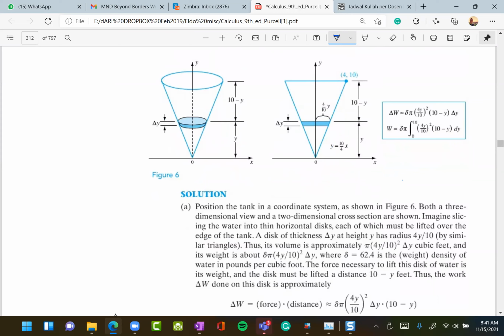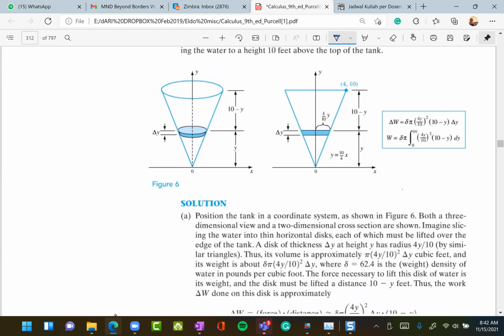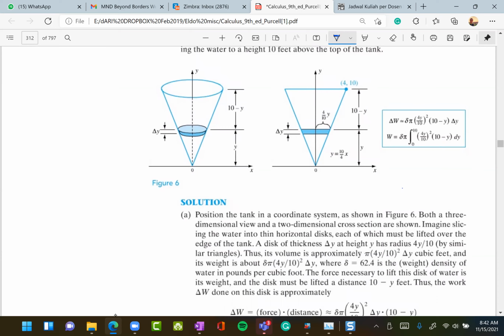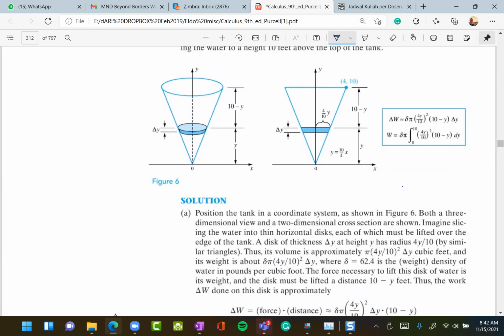So the force, the density is delta. Delta is the density of water in pounds per cubic foot.